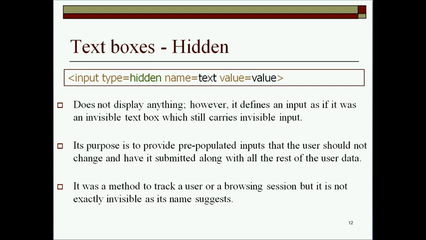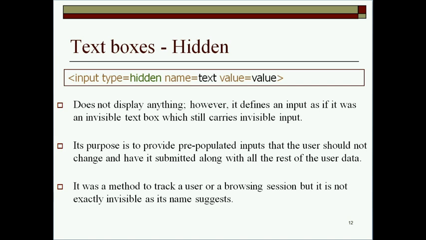A value must be provided. The reason is that this text box will not really be displayed. That is where the name hidden comes from. It is not going to display anything. It will be there, but it will be totally invisible to the user.